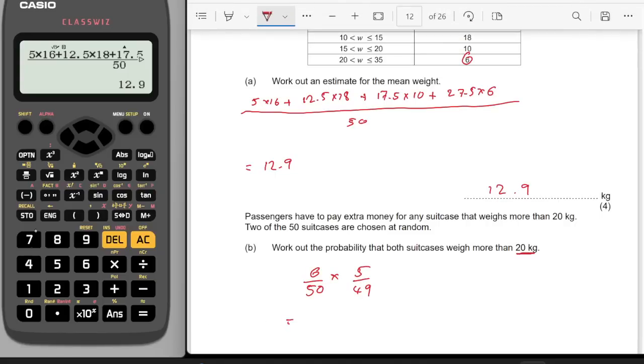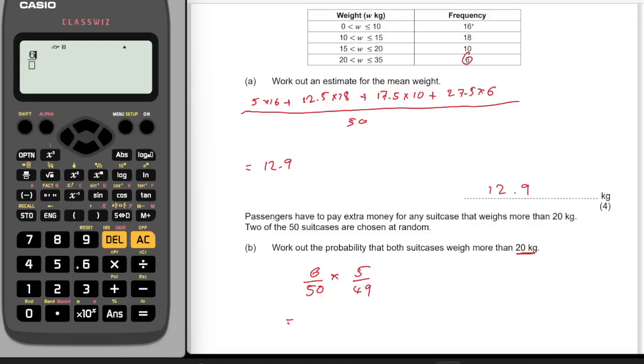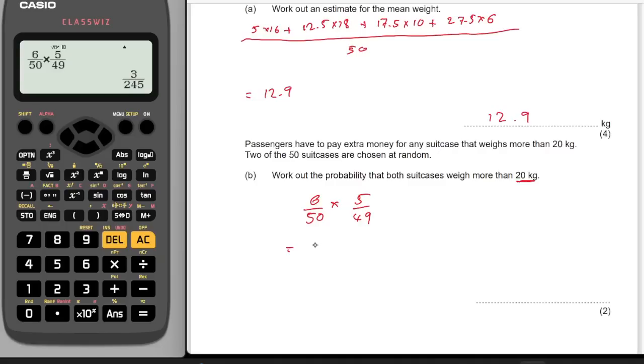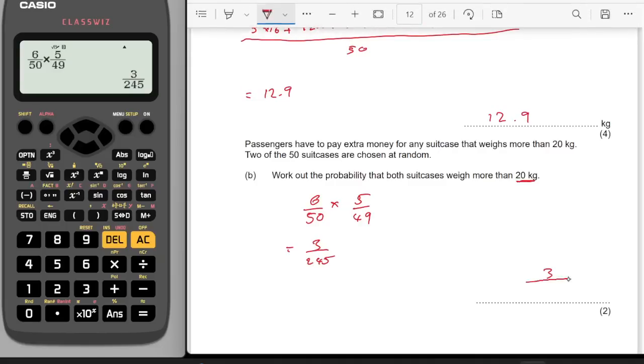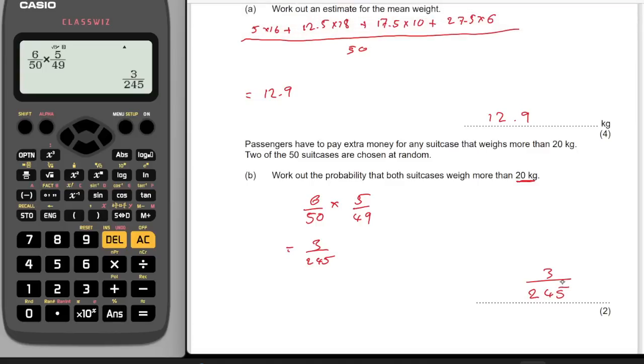So my total probability is going to be 6 out of 50, which we could cancel, but no benefit, times 5 out of 49. Have I put 49 in the right place? There we go. So 3 out of 245. Could go decimal. I'm sure that would be acceptable, but fraction is probably the better answer there.